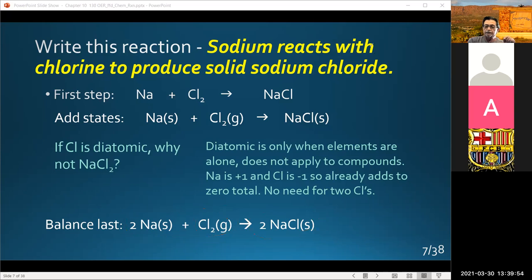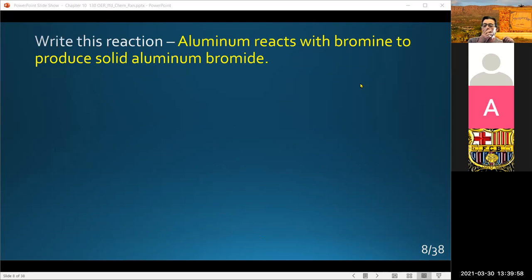Okay, so let's continue. Here's one. Aluminum reacts with bromine to produce solid aluminum bromide. So let's break it down. Aluminum. So we look the symbol up. We know that aluminum is Al. We also know it's a metal and it's a solid.